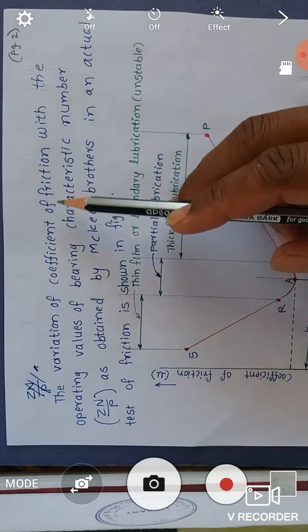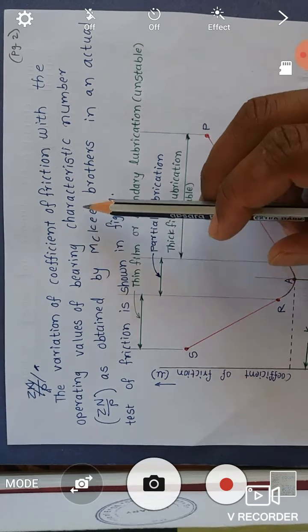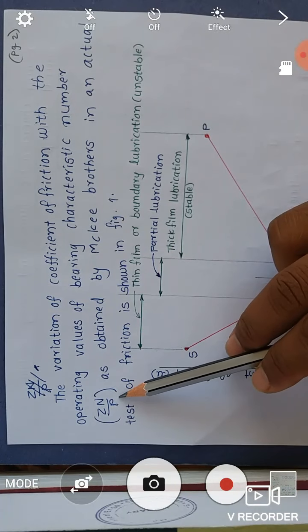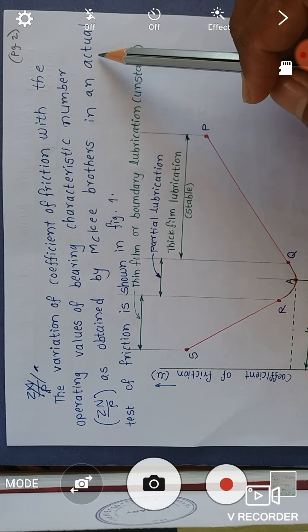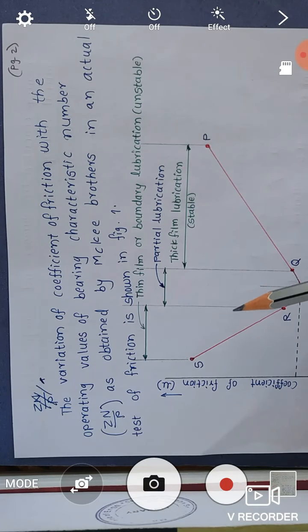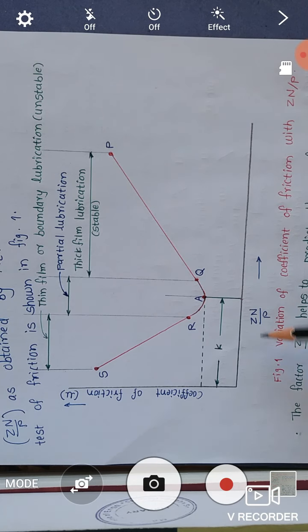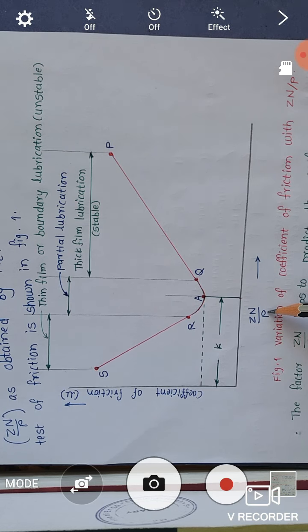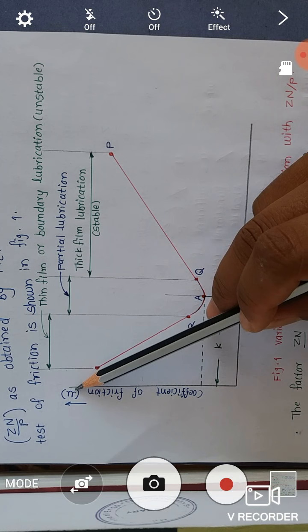The variation of the coefficient of friction with the operating values of the bearing characteristic number, ZN upon P, as obtained by the Mackie brothers in an actual test of friction, is drawn in figure number 1. In this figure, on the x-axis is the bearing characteristic number, ZN upon P, and on the y-axis is the coefficient of friction, indicated with the mu symbol.